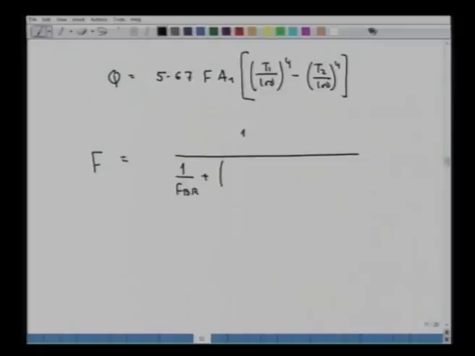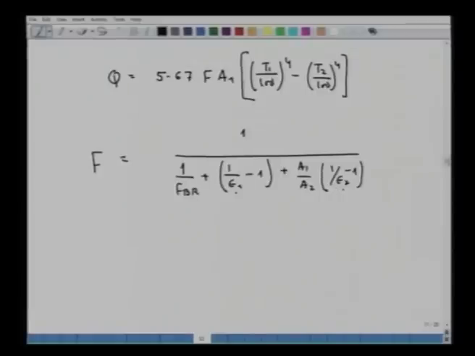plus 1 upon epsilon 1 minus 1 plus A1 upon A2 into 1 upon epsilon 2 minus 1, where epsilon 1 and epsilon 2 are the emissivity of surface 1 and surface 2.